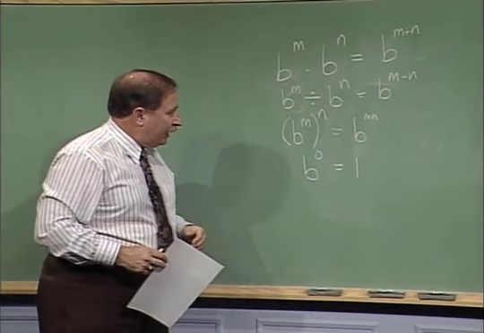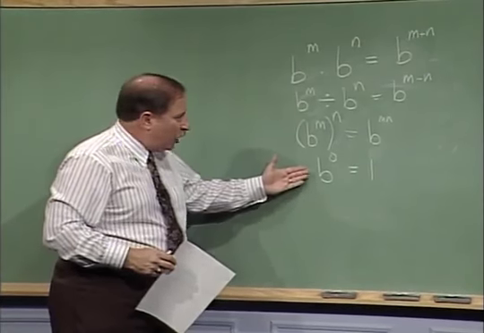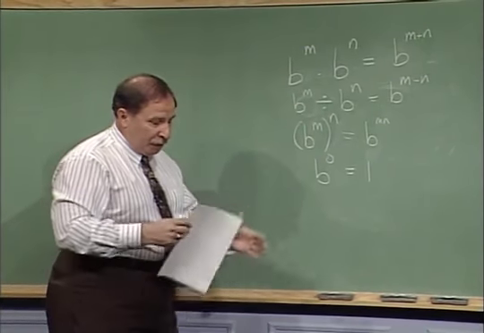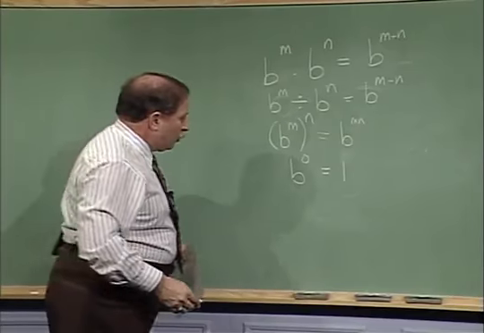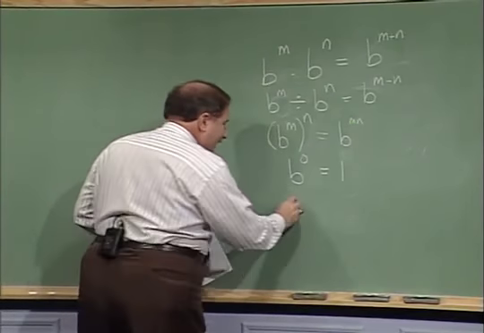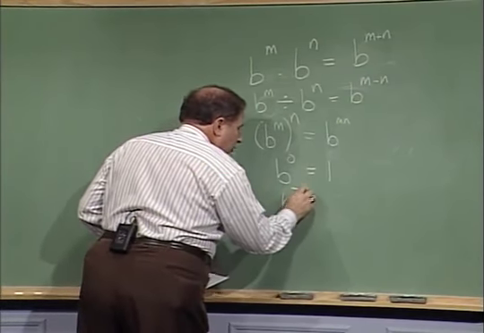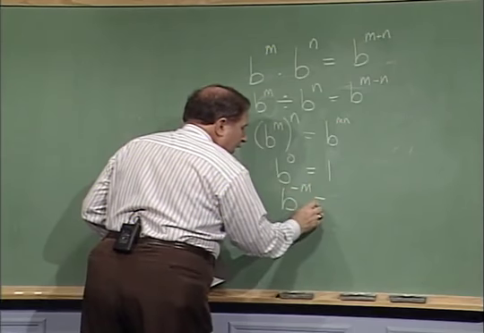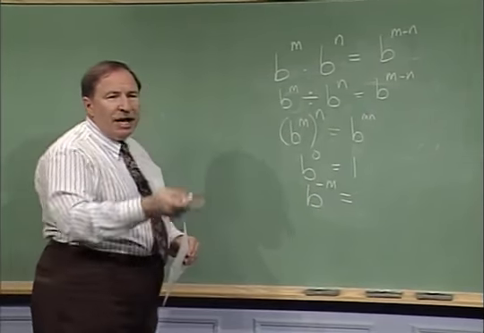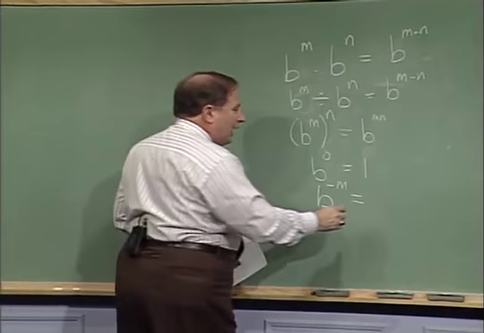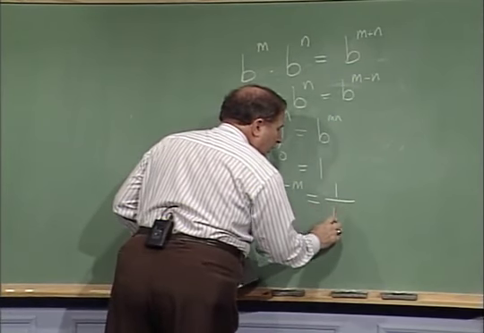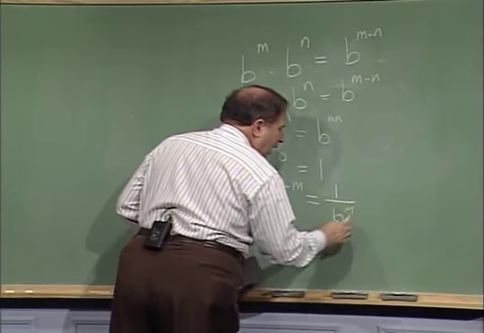It's my belief that students should know why, but you should know this. This is important. And the last of these rules is that if you have a negative power, b to the negative m, that is the reciprocal. The negative power is the reciprocal, and that's 1 over b to the m power.